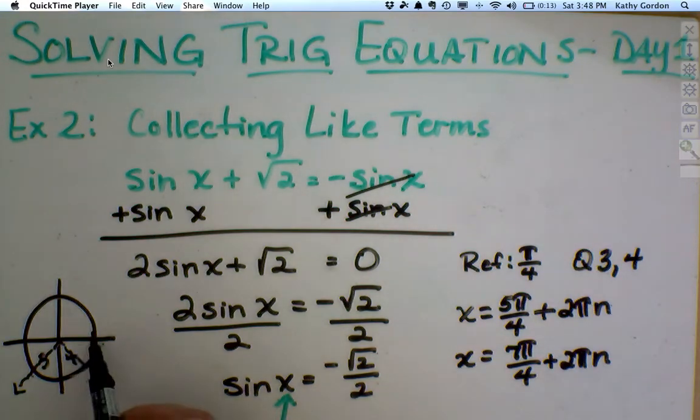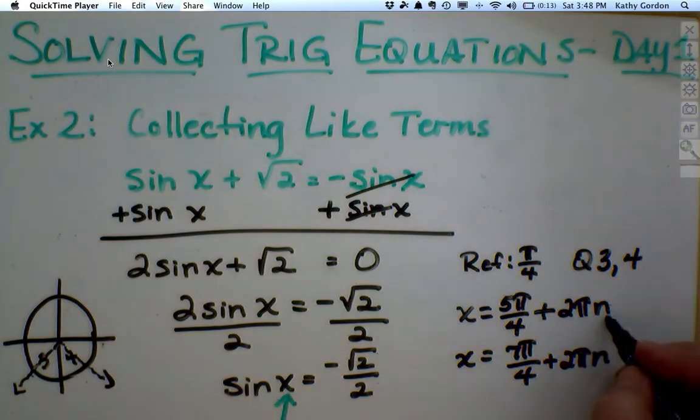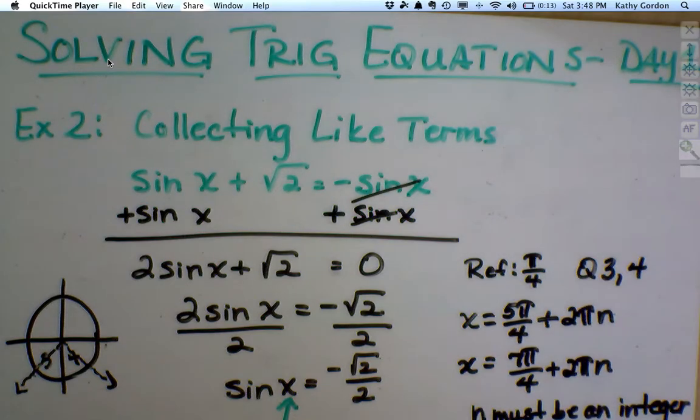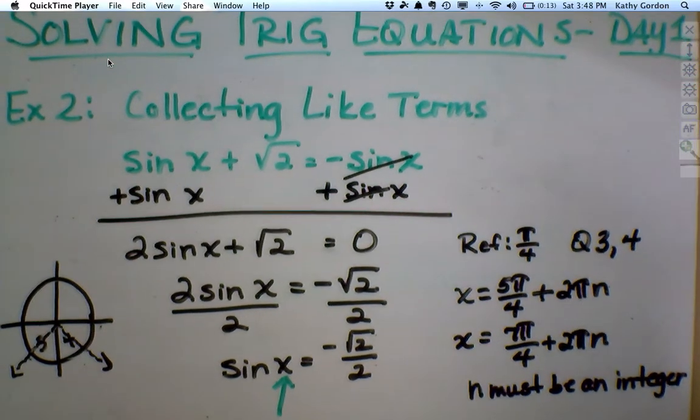So that means when I get here the first time, to get back to this same position, I have to go all the way around the circle, 2 pi radians, to get back there again. The n represents an integer, and it represents how many times we go around the circle.